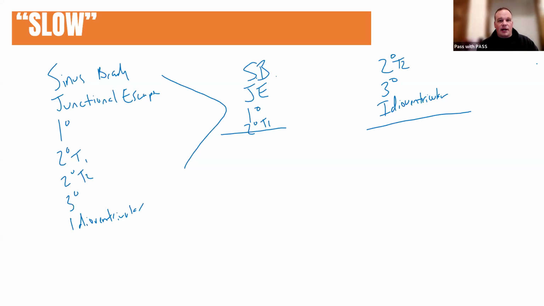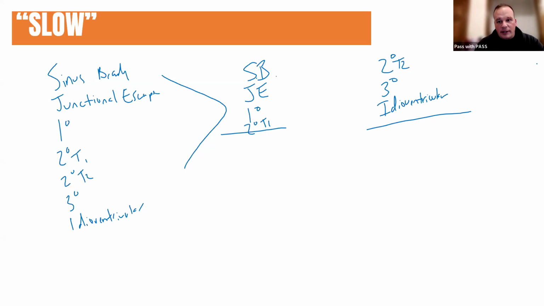The first degree block is just an additional component of the rhythm that we are already seeing, right? So it is a normal sinus rhythm with a first degree heart block, or a sinus bradycardia with a first degree heart block. So the first degree heart block is just a component of that EKG strip. It's not the entire rhythm of itself, okay?